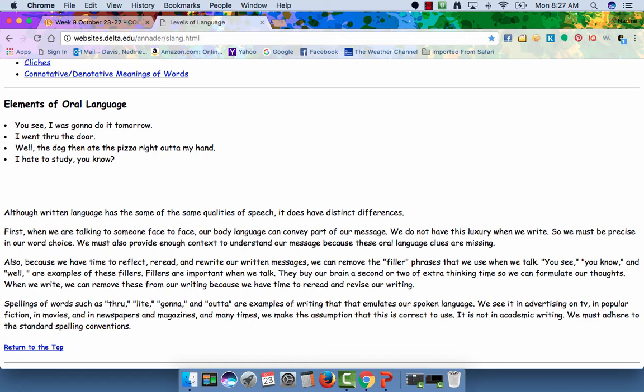I was trying to get my brain to think, and I didn't use a filler, which I might have done with a friend. What I did here was just sort of stop so I could say something that sounded somewhat coherent to you, okay? So if you're starting sentences with things like, "you see, I was going to do it tomorrow," you're talking in oral language, and we don't write down our oral language. We might in our first draft, but then we have to get rid of it.